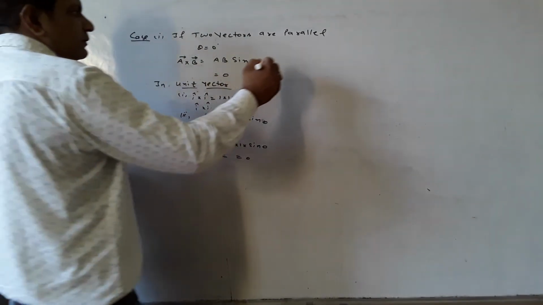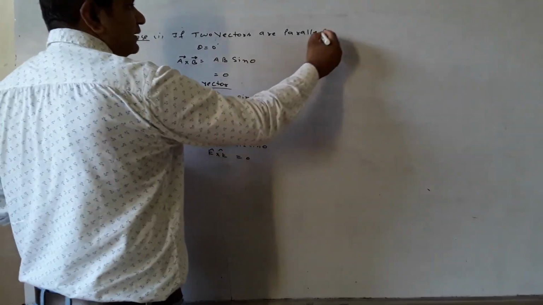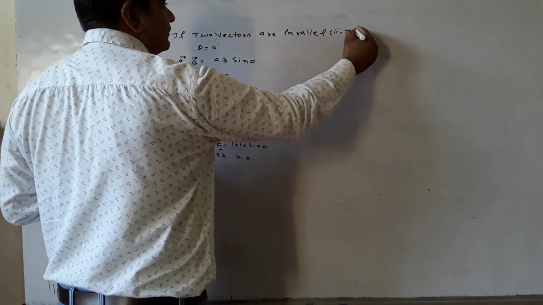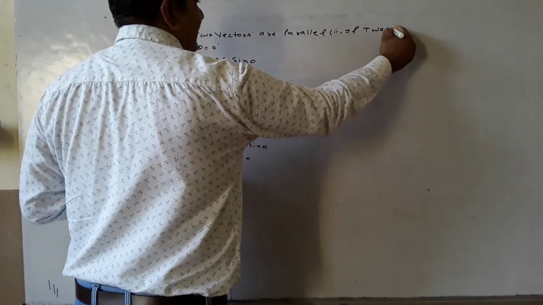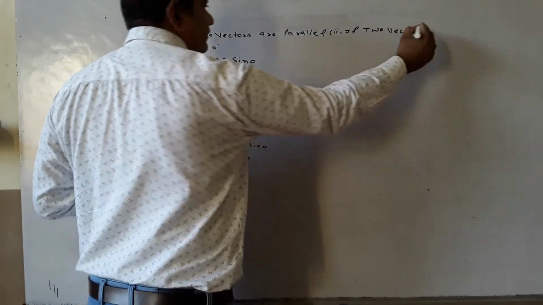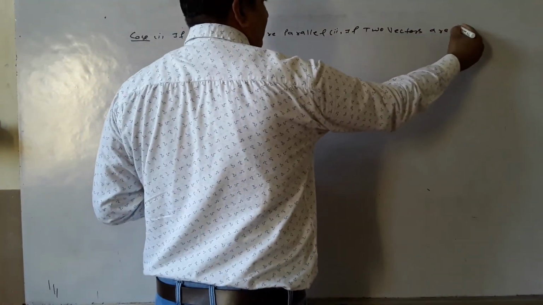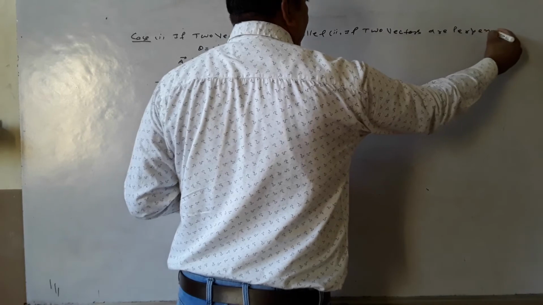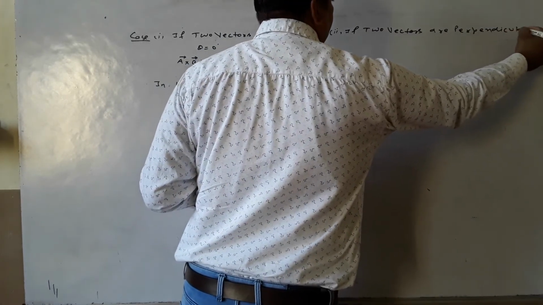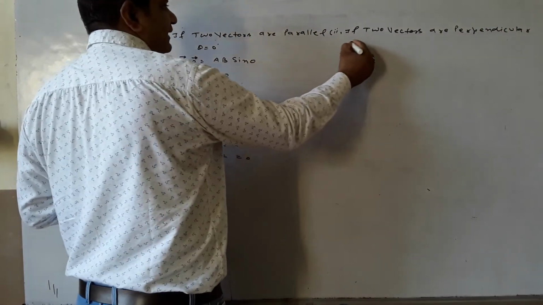Now the second case, if two vectors are perpendicular, theta is 90 degrees.